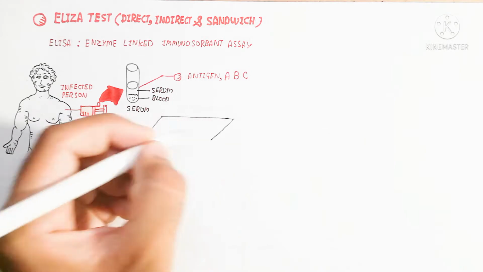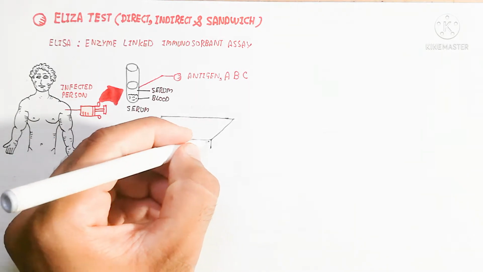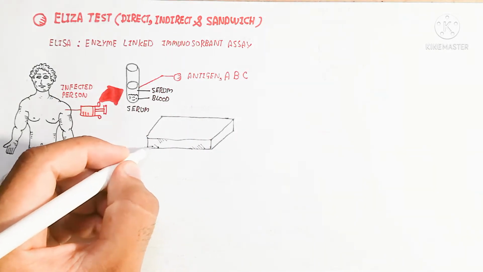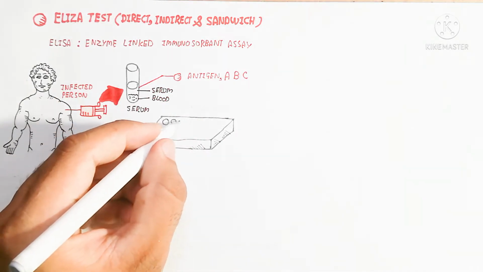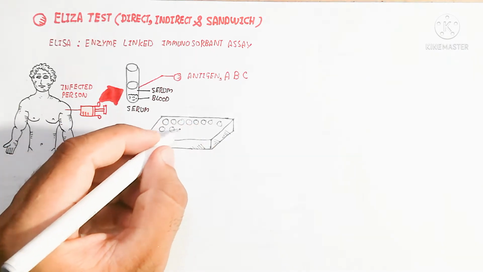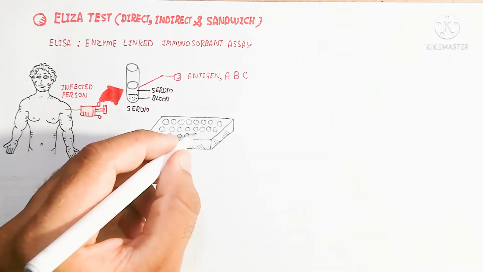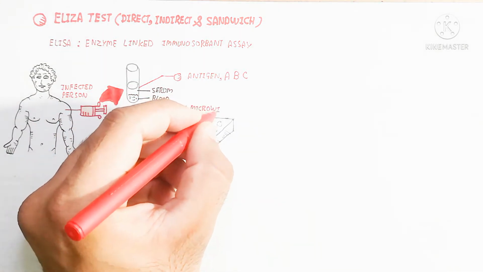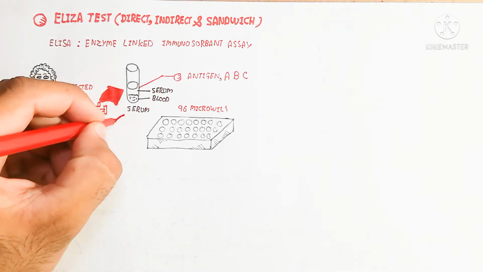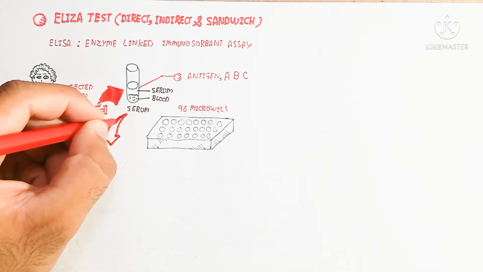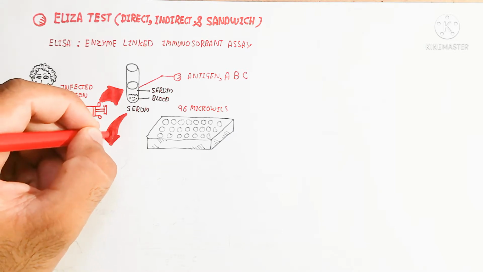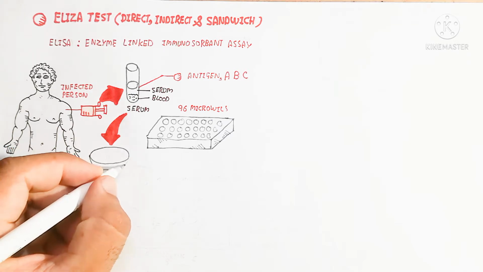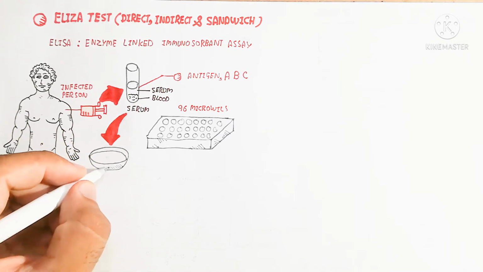There are many antigens, but we will take the specific antibody which is prepared in the laboratory, linked with the enzyme, to detect it. Here 96 microwells are used for the detection of the antigen present in our body. For example, if we are infected by a pathogen, we assume it can be the P antigen, for example influenza virus or HIV, but we don't know.